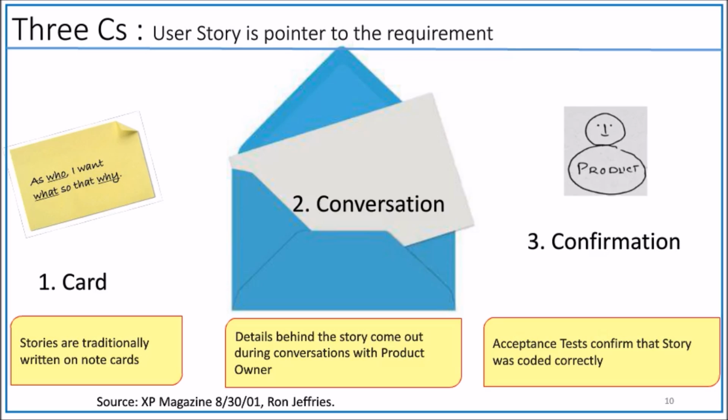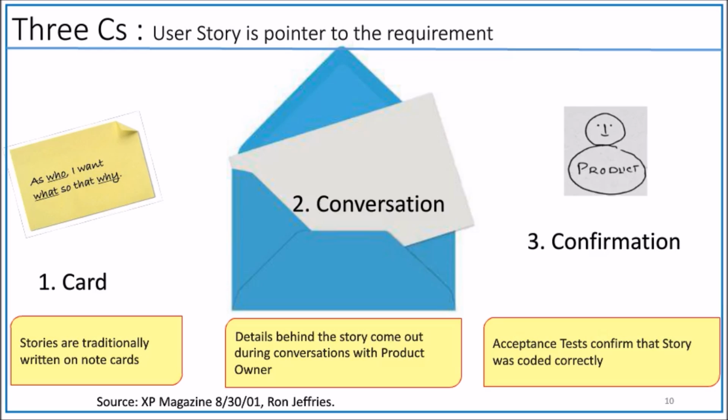Once that sticky note with a user story is available in front of us, the conversations will start. The developers and the product owner have a discussion, a dialogue, about what is being requested, why, and who is requesting. When the conversation about what is being requested is triggered, the usage scenario of the end user can be better explained.